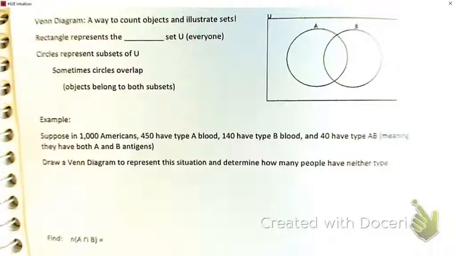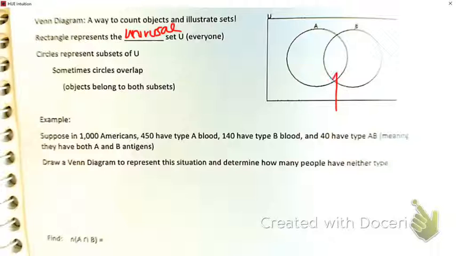All right. The rectangle, when you have a Venn diagram, represents the universal set. Universal set means everything. Everything and everyone. Circles are part of the universal set.